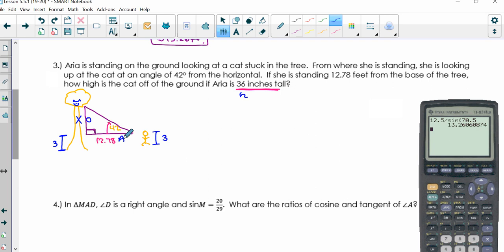So which trig function does not use hypotenuse? That would be your tangent. So I'm going to say the tangent of 42 equals x over 12.78. To get x by itself, we're going to multiply by 12.78.